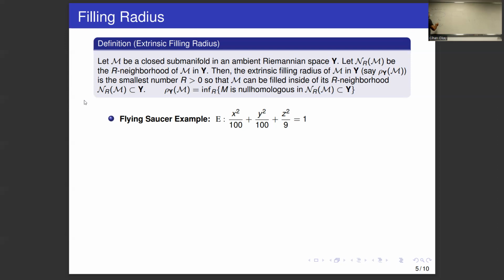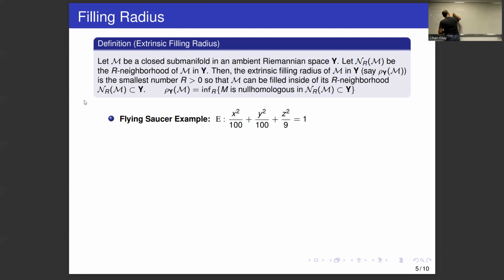Let's say 0.5 and 0.7. I am still increasing just a little bit.